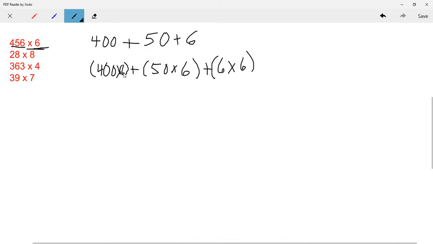So 4 times 6 is 24, and then we add the 2 zeros here, so it is 2,400, plus 5 times 6 is 30, we add this 1 zero for 50 times 6, so that is 300, and then plus 6 times 6 is 36.